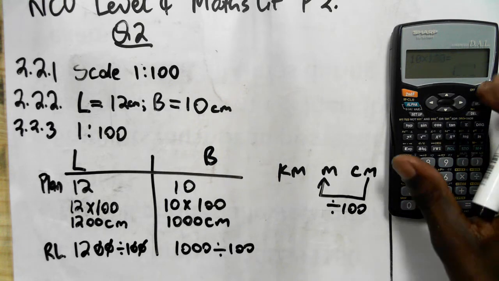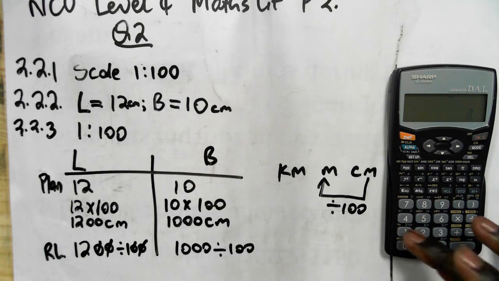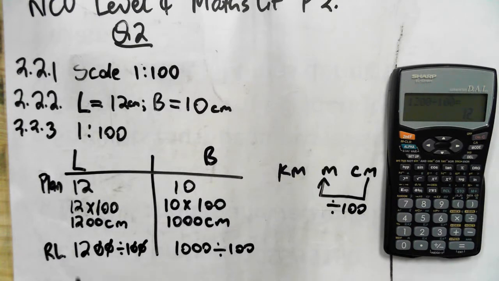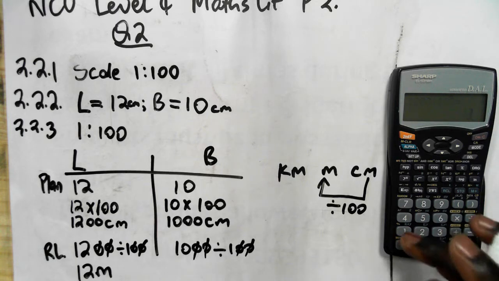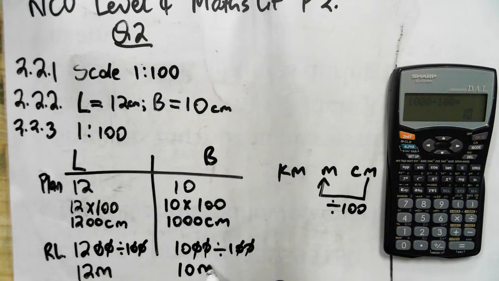You don't need this, ladies and gentlemen. If you need to be perfect and on point with your calculation, just go 1,200 divided by 100 gives you 12, as you can see there. So 12 meters. That's real life. So again, this guy goes with this guy, that guy goes with this guy. You might as well just say 1,000 divided by 100 gives you 10 meters.